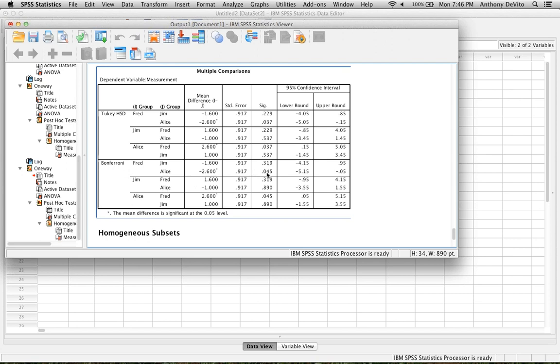Of course, there's more of a possibility of a beta error here, because if this were just a little bit bigger, we would have failed to reject the null hypothesis that Fred and Alice are the same, and maybe they really are different, right? So this increases our chances of beta error, but it reduces our chances of an alpha error, rejecting when we haven't justified rejecting.